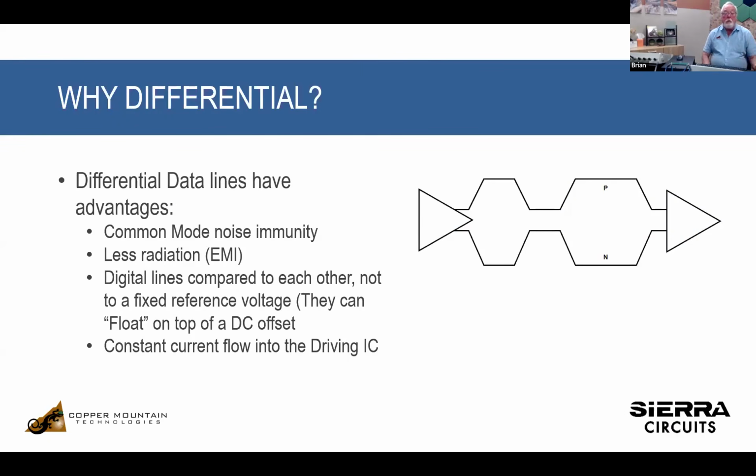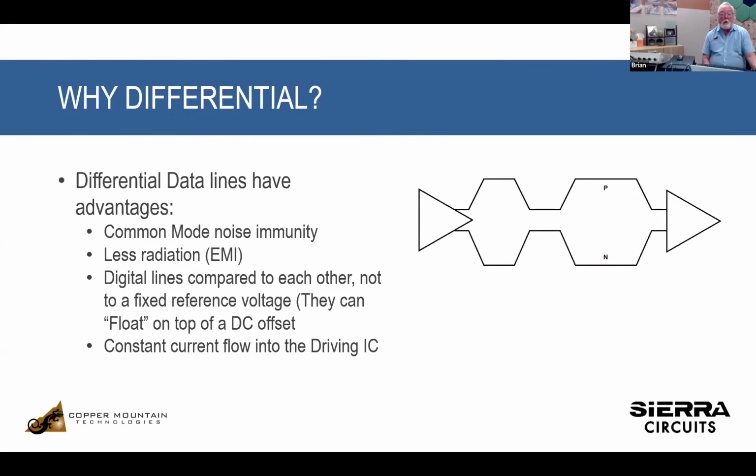And we're going to use differential data lines for this for the most part. Why do we do that? Well, there's the common mode noise immunity. There's less radiation into the air, and less susceptibility to noise as well. The digital lines are compared to each other and not to any fixed reference voltage, and that's pretty huge.